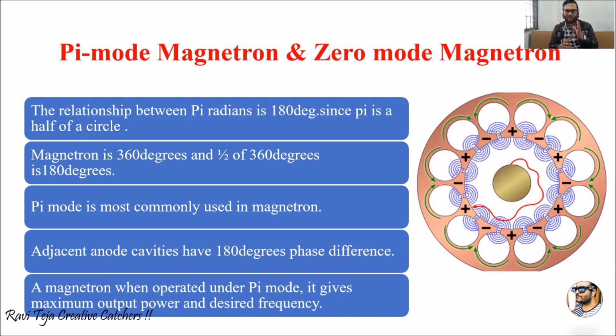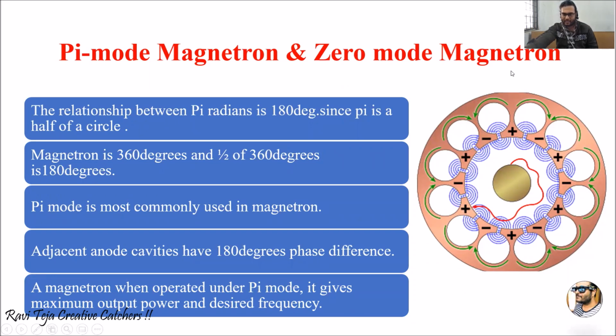At least half of the cavities will be used for the generation of the signal, increasing the frequency of a particular signal, or the amplification of the signal. Let us consider these half of the cavities here. Whenever the cathode is emitting electrons, these electrons will travel towards the anode plates, and each and every cavity has a 180 degrees phase shift.